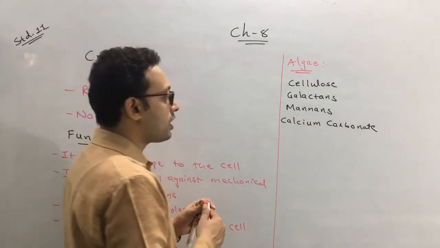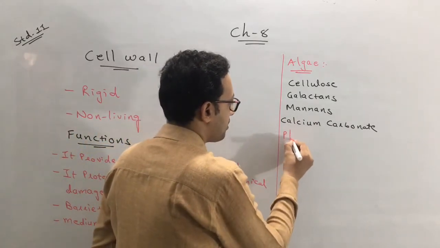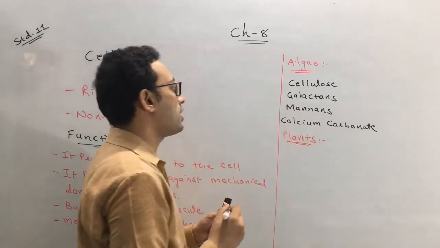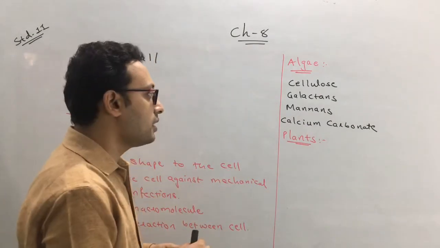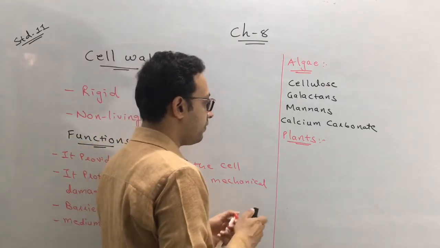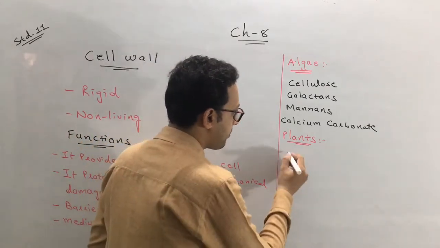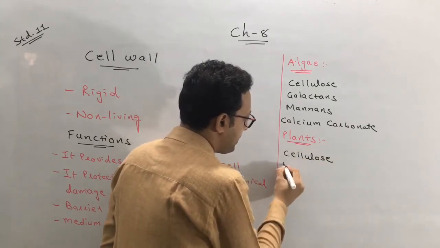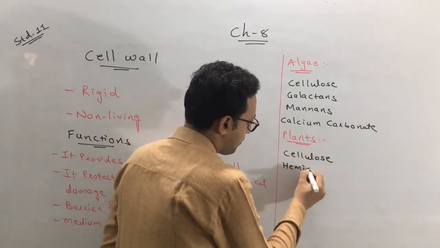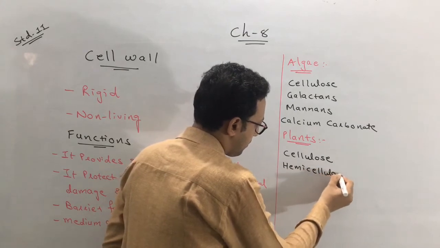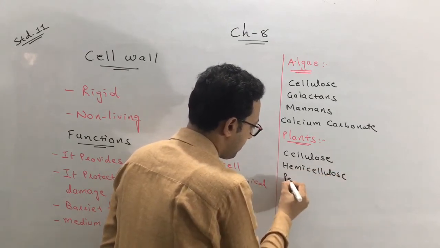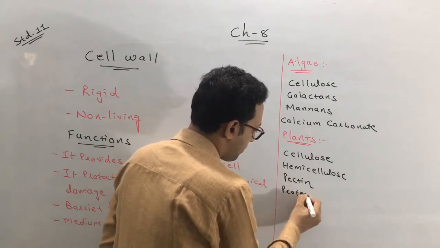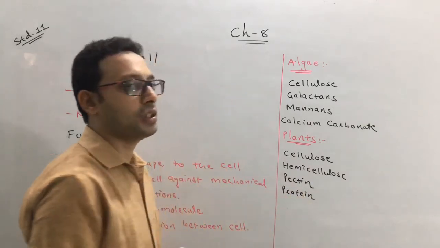When you talk about plants, in plants also there is a cell wall. In plants, particularly mature plants, the cell wall is made up of cellulose, hemicellulose, pectin and protein. Now fungi also possess a cell wall.